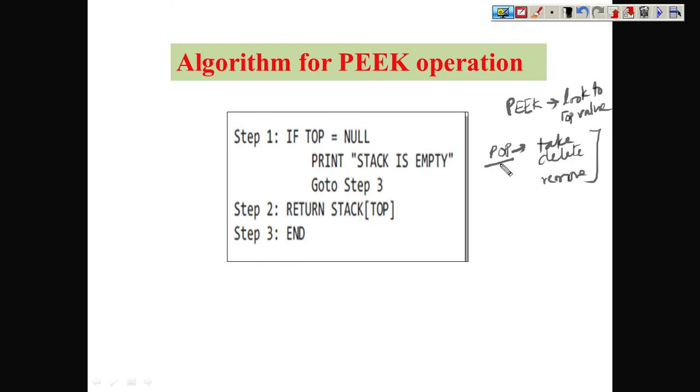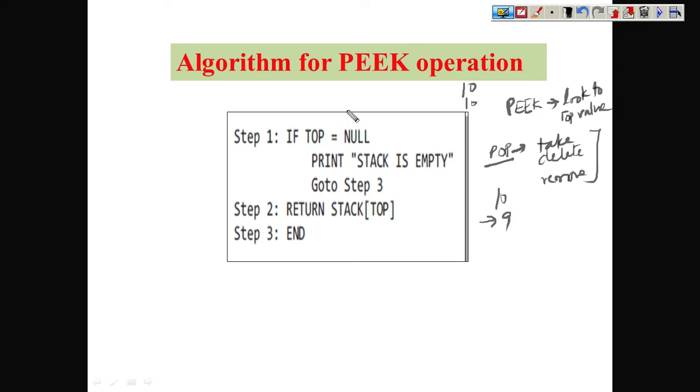Whenever you apply the pop operation, the number of elements will be decreased by 1. So if you have, let's say, 10 elements in the stack and you apply pop, the number of elements will be 9. But if we have 10 elements and you apply peek, it will remain 10, because peek is not going to delete anything, it only looks at the topmost element of the stack.